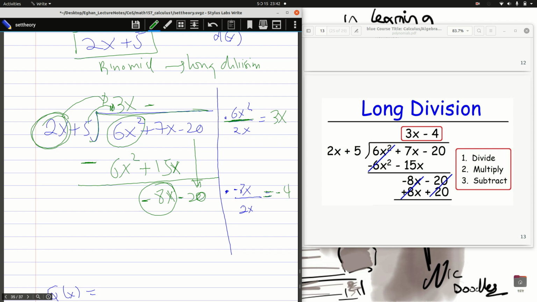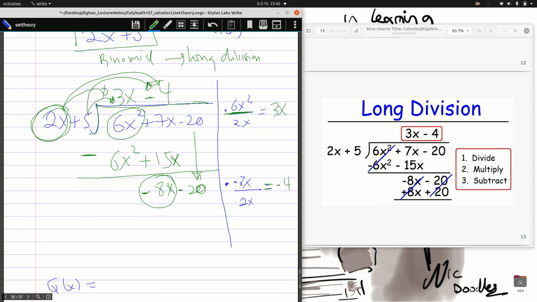So I write it up here, negative 4, and again the 2x multiplies the negative 4, and this 5 also multiplies the negative 4. I hope my green pen is not messing things up.